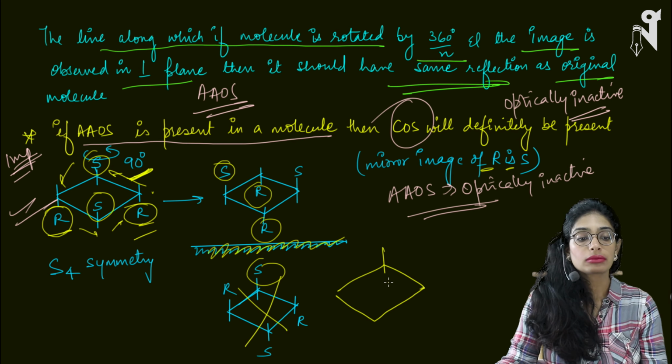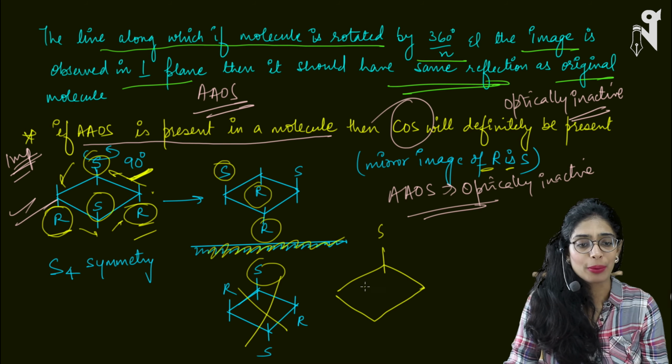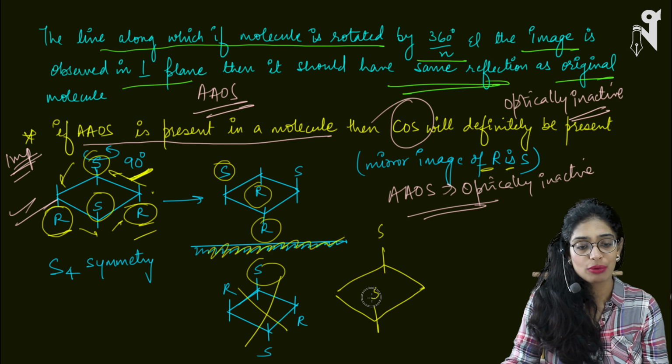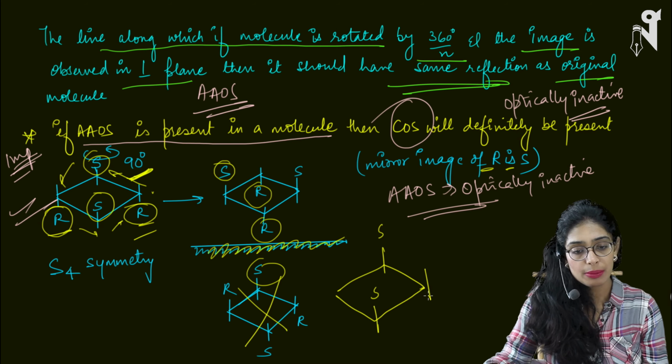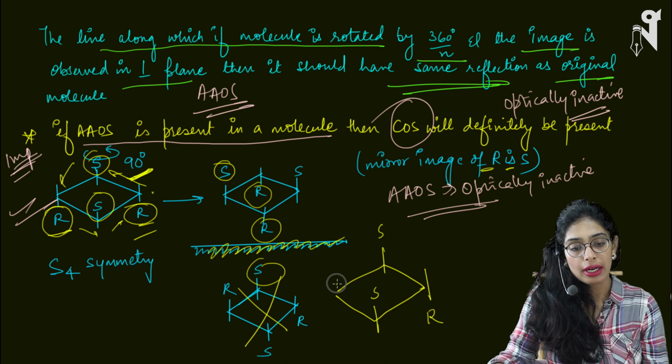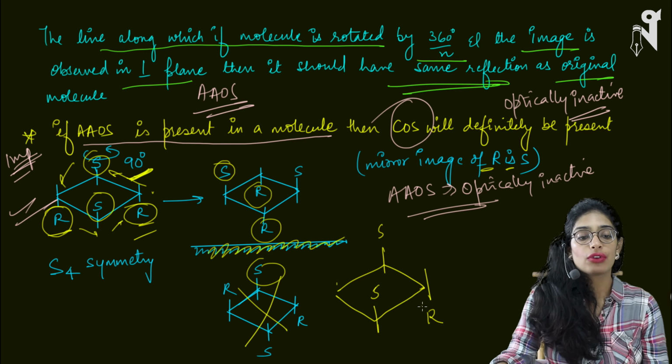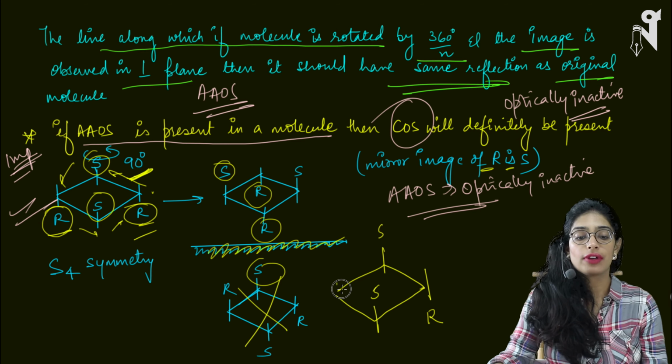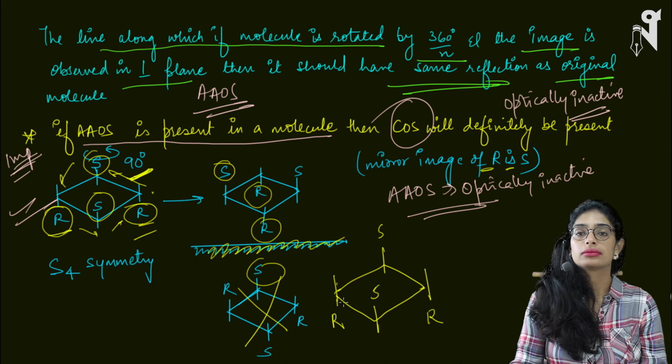My bad, I have made a typo. I'll just redraw it. So here I'll get S over here and S over here, and for these S, the reflection will be R over here and R over here.